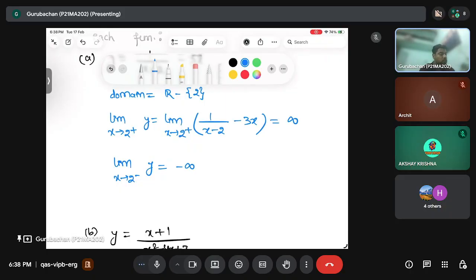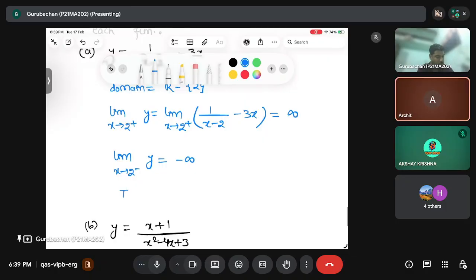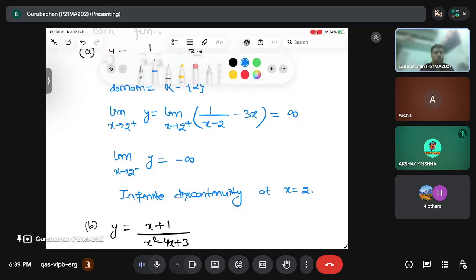So which kind of discontinuity may it fall in? Infinite discontinuity at x equal to 2. Is it clear to everybody? For infinite discontinuity, we only need at least one side of the limit to be infinite. It may be the right hand limit or the left hand limit, any side.